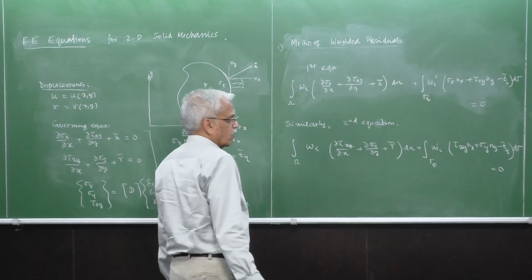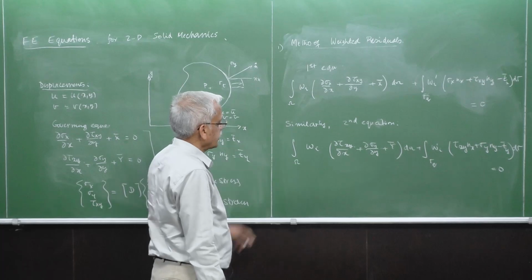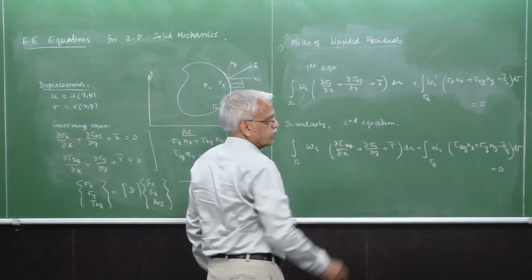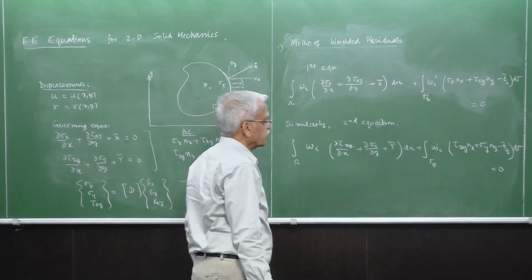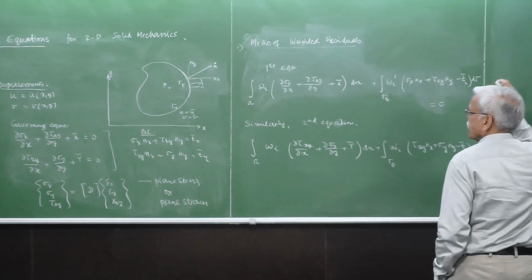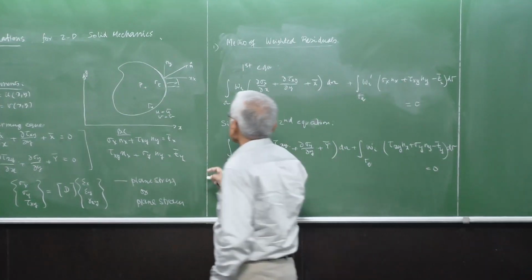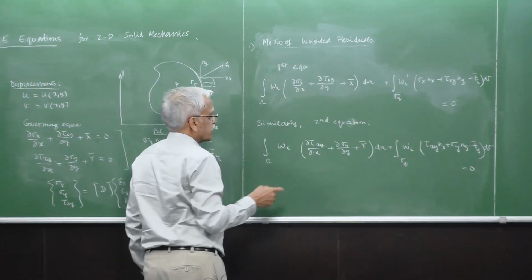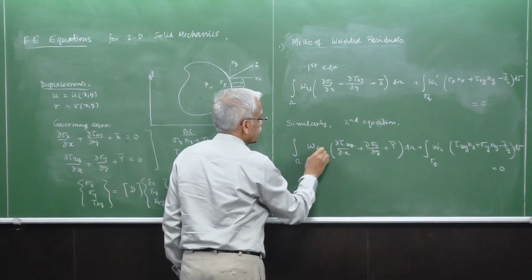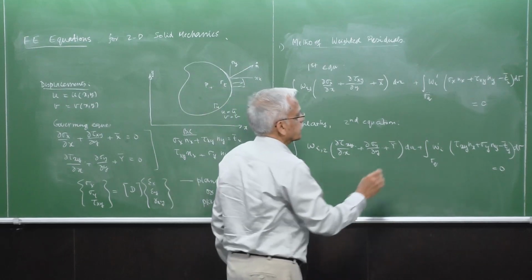So, we are dealing with both these equations together, and let us do the weak forms also. The weak form of the first equation: there are two weighting functions here, so they can be different. This can be wi comma 1, this is wi comma 2, right?